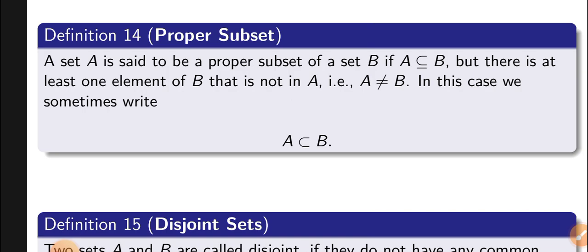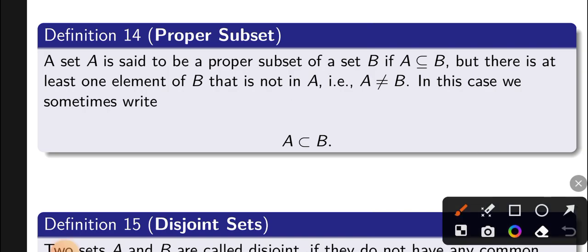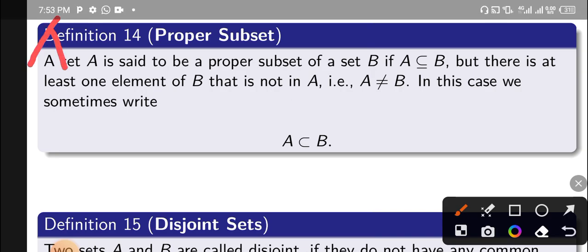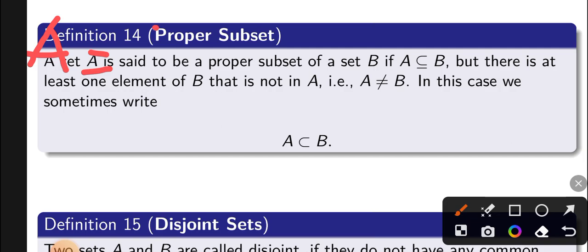So don't get confused. What they are trying to say here is that for A to be called a proper set, let's say A has elements like 1, 2, 3, 4.